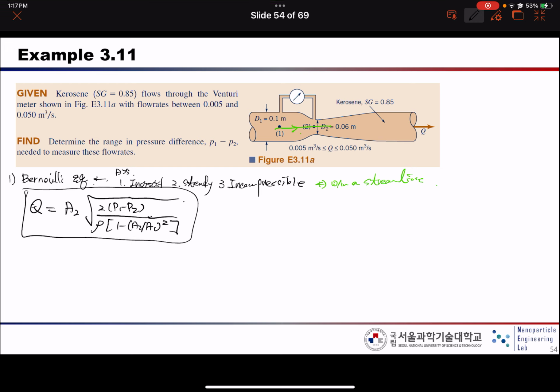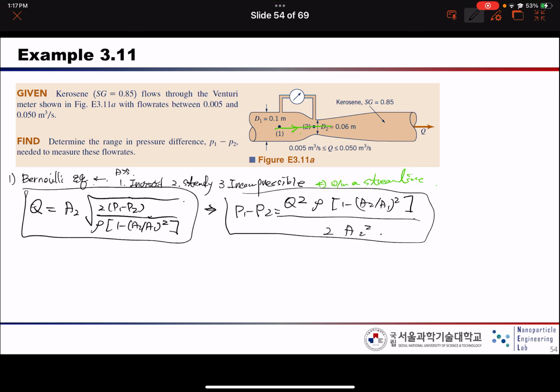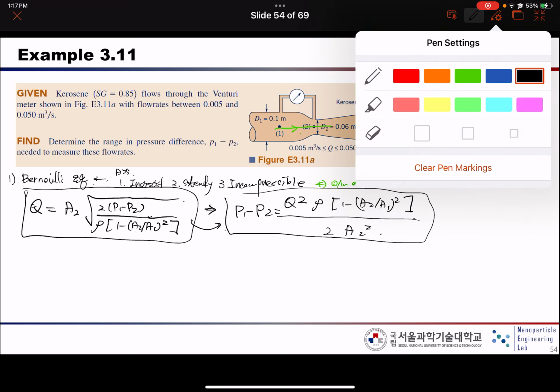Because we know this relation, we can say that P1 minus P2 equals Q squared rho times (1 minus (A2/A1) squared) over 2 A2 squared. From this equation you can restate it, and we can make this kind of equation.